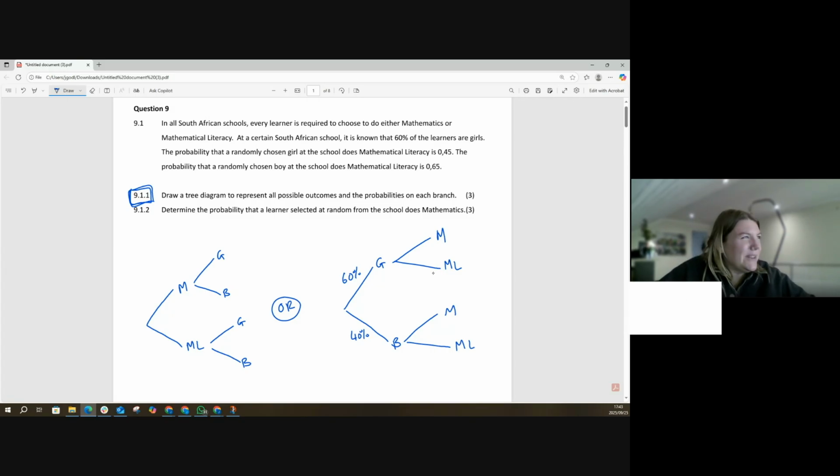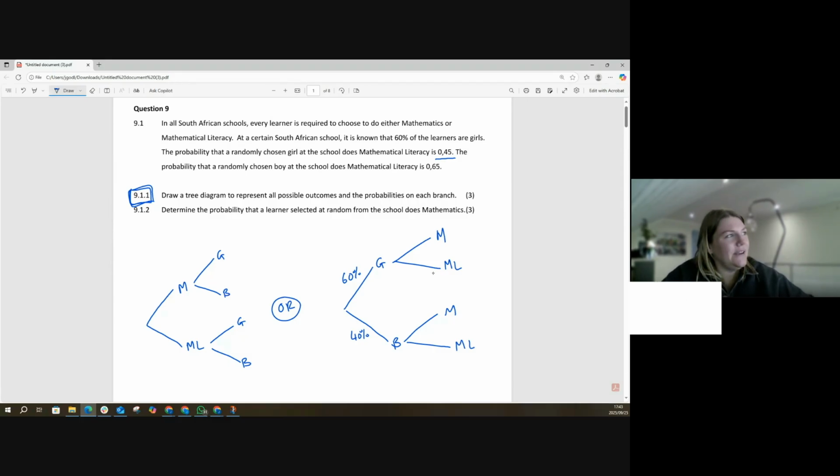What do I do with this part? Because then it says the probability that a randomly chosen girl at the school does maths lit is 0.45. So what's that? What I'm asking is, where would we put that number?